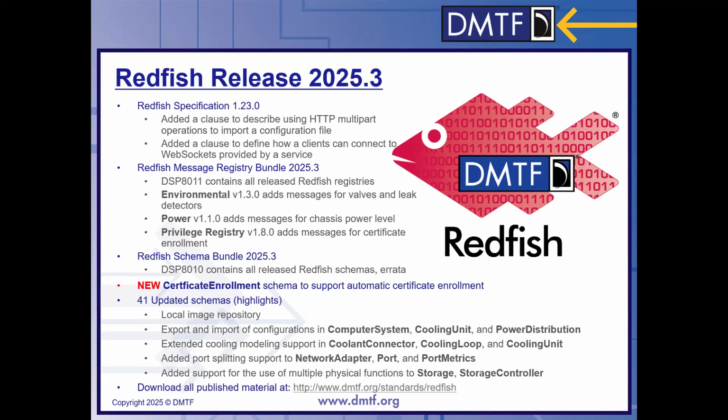And we've added export and import configuration actions on ComputerSystem, CoolingUnit, and PowerDistribution. We've had some major extensions to the cooling connector, cooling loop, and cooling unit models. We've added port splitting capabilities for network adapters, so you'll see those types of changes in network adapter port and port metrics. And then we've also added new multi-physical function capabilities to storage and storage controller.